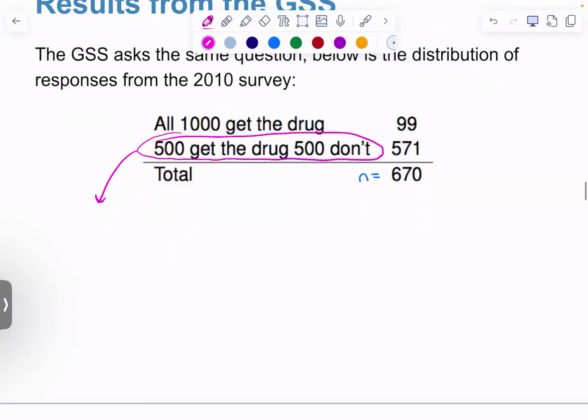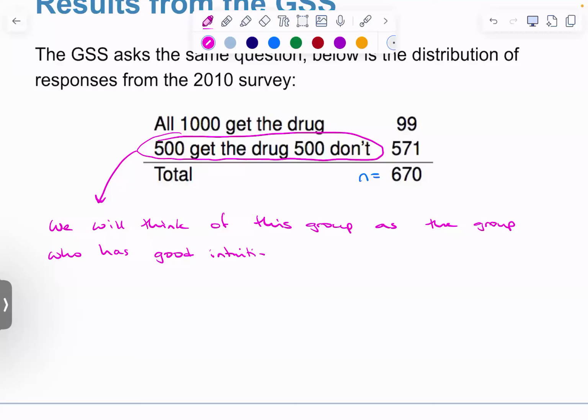And so we will think of this group as the people who have good intuition about experimental design.